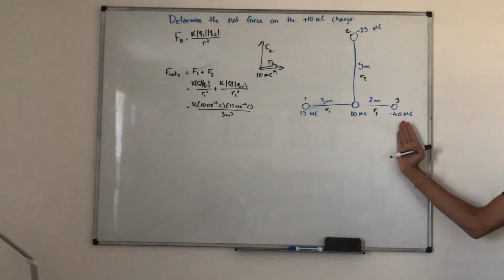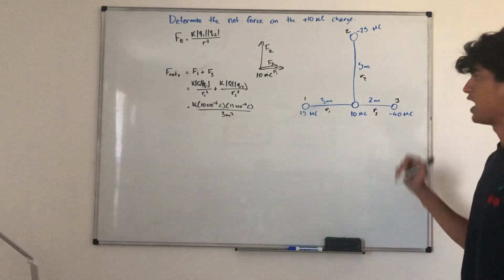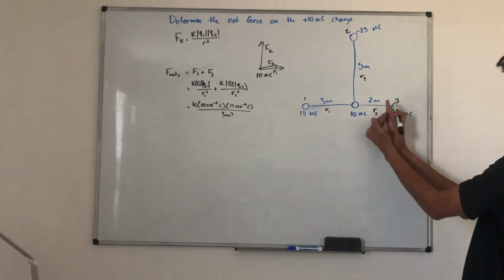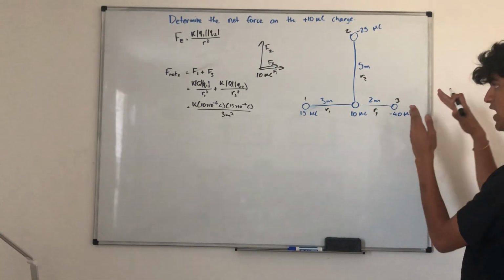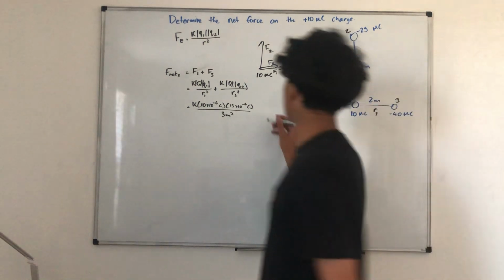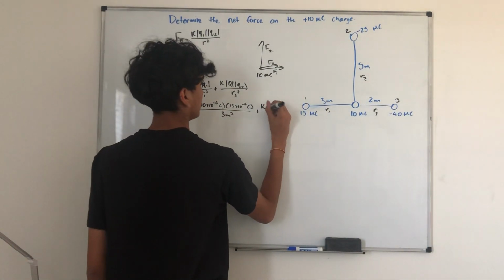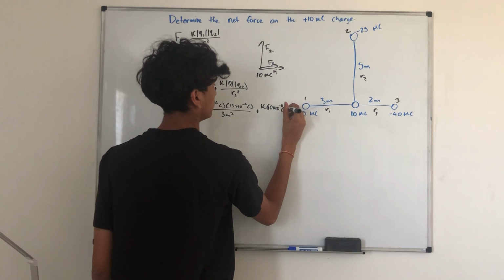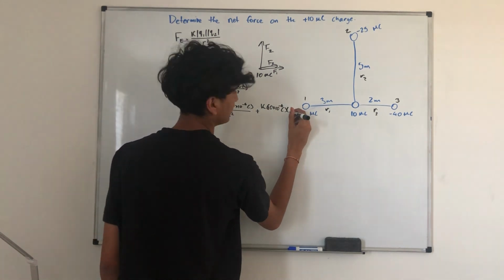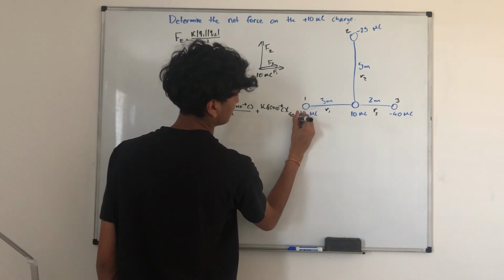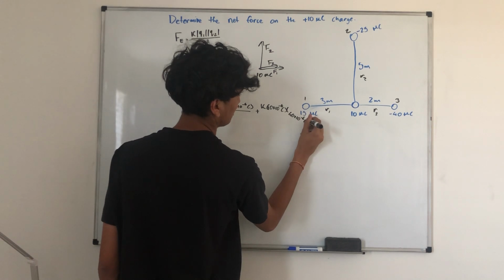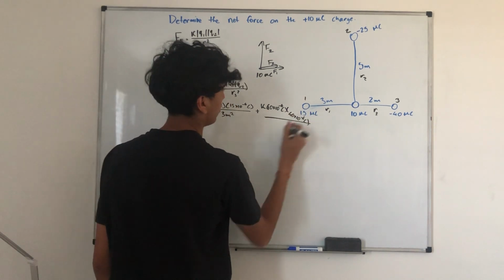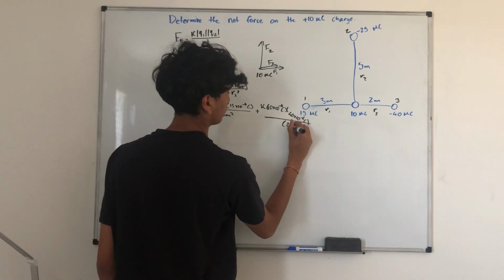Now when I'm dealing with this charge, the F3, I want to use the distance between these two charges and the size of these two charges. It's the same thing: K times 10 times 10 to the negative 6 coulombs times 40 times 10 to the negative 6 coulombs, all over 2 meters squared.